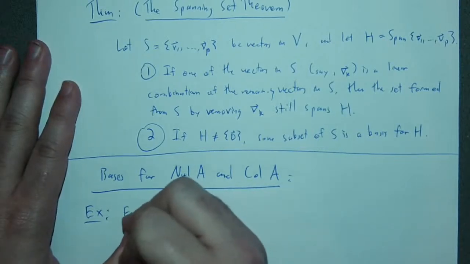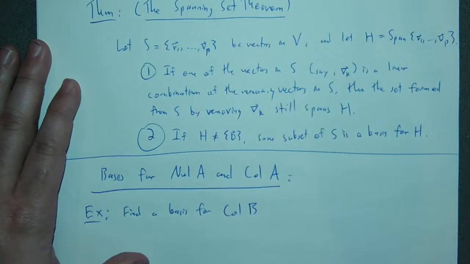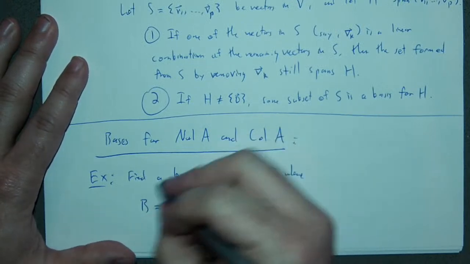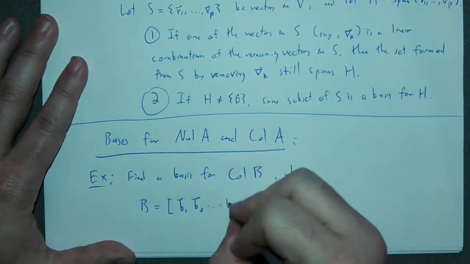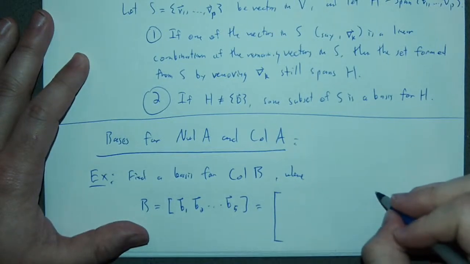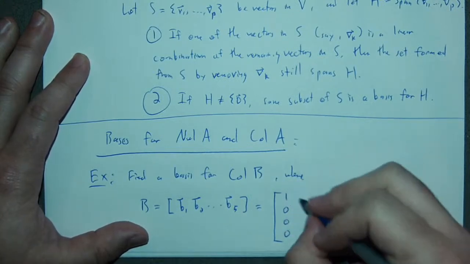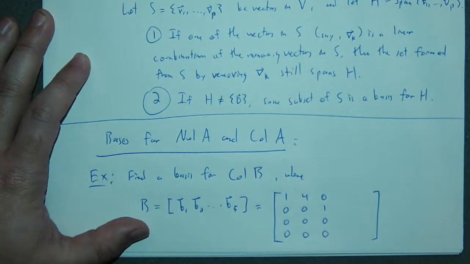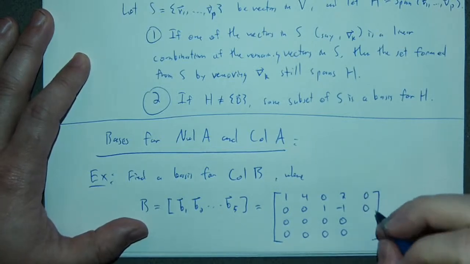Let's find a basis for the column space of B, where B is the matrix B1 through B5, and this matrix is equal to, reading column-wise, 1 0 0 0, 4 0 0 0, 0 1 0 0, 2 minus 1 0 0, and 0 0 1 0.